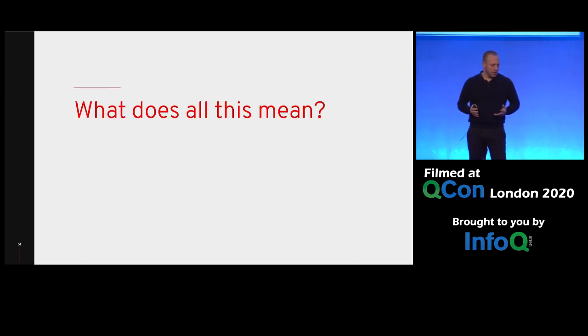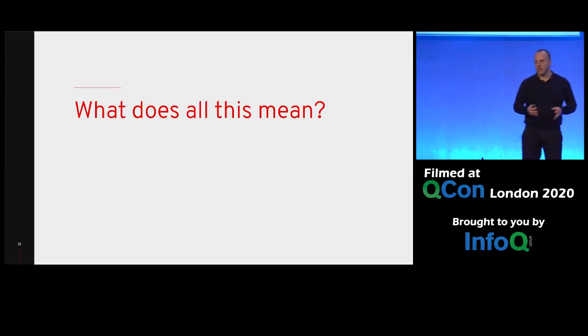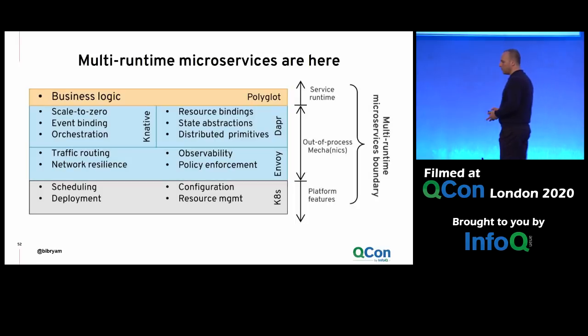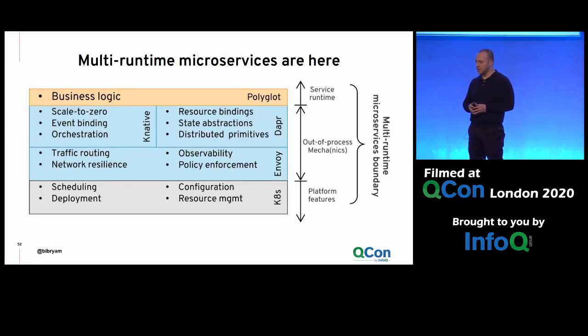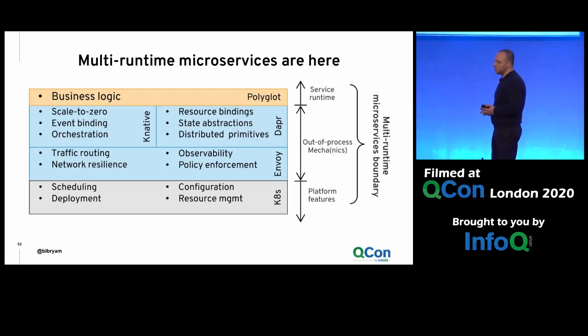So we have seen the current state of the art in the cloud native ecosystem and some of the recent developments that are still in progress, but how to make sense of all that? If we look at how a microservice looks on Kubernetes, you will need to use some functionality from the platform.